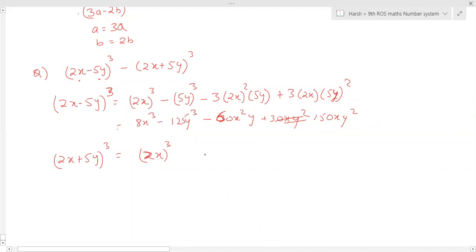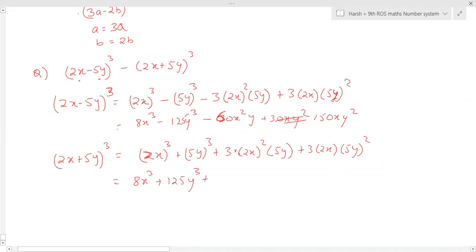Okay, good. So here a cube plus b cube plus 3a square b plus 3ab square. So 8x cube plus 125y cube plus 60x square y plus 150xy square.